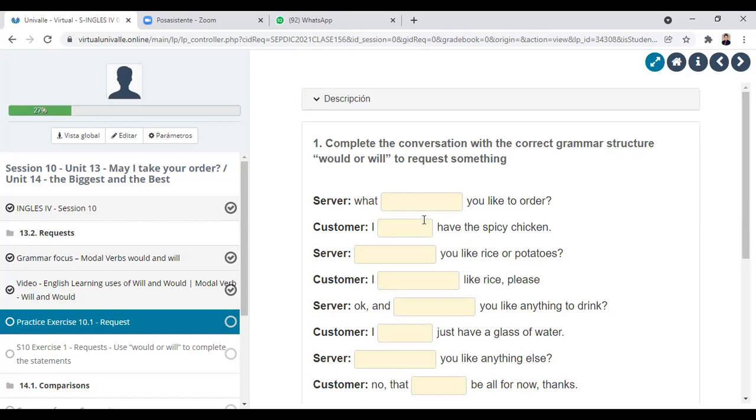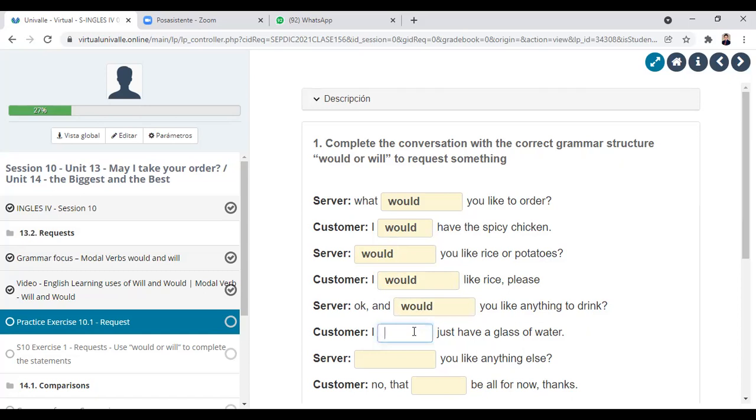Okay, what would you like to order? I would have spicy chicken. Would you like rice or potatoes? I would like rice, please. Okay, and would you like anything to drink?